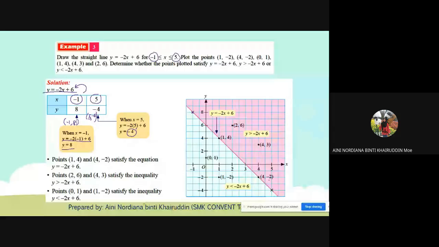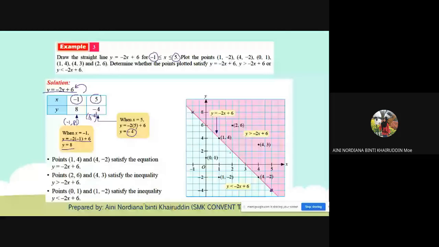Then you draw a straight line. Then plot all the points given in the question. So this is the answer.